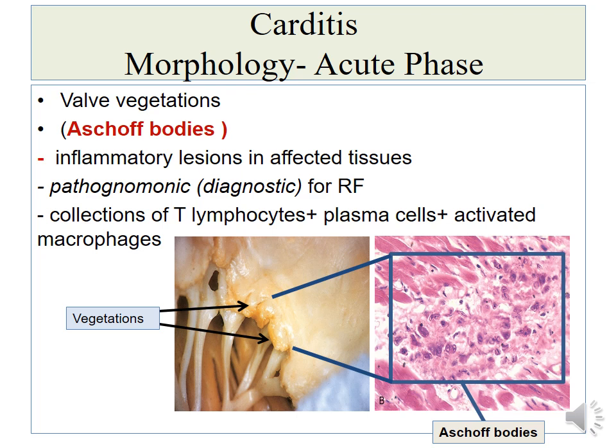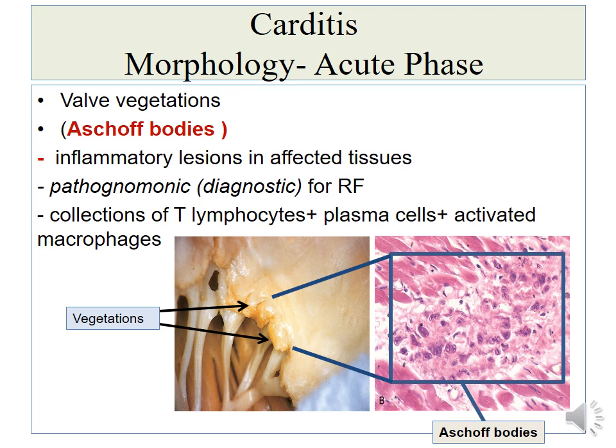So here the inflammation will reach the endocardium that covers the heart valves, and it will lead to formation of valve vegetations. Now, the affected parts of the heart can involve the endocardium, the myocardium, and the heart valves, or even sometimes the pericardium.